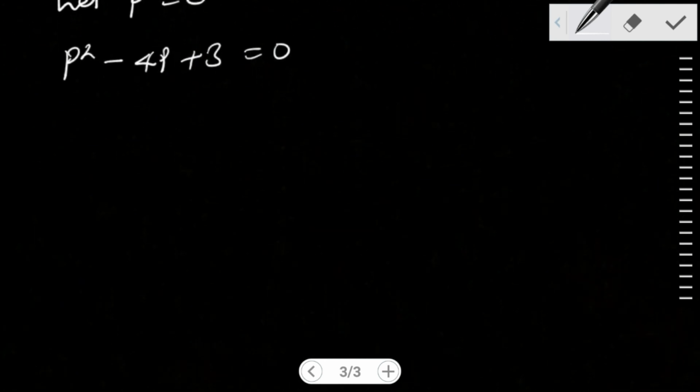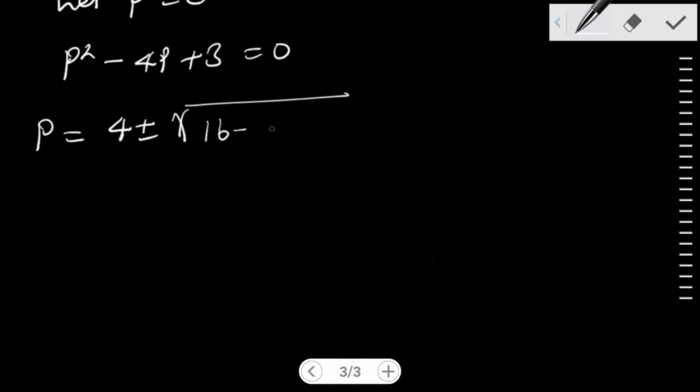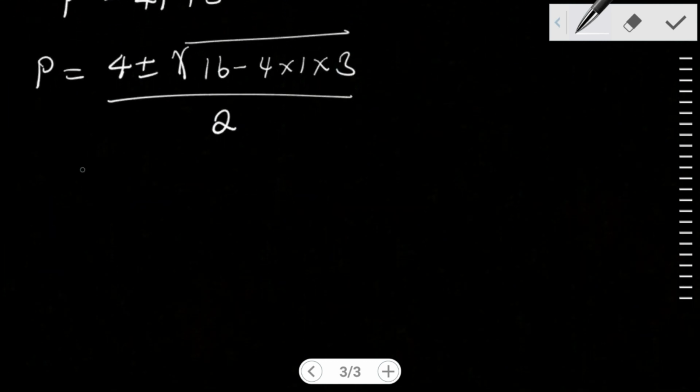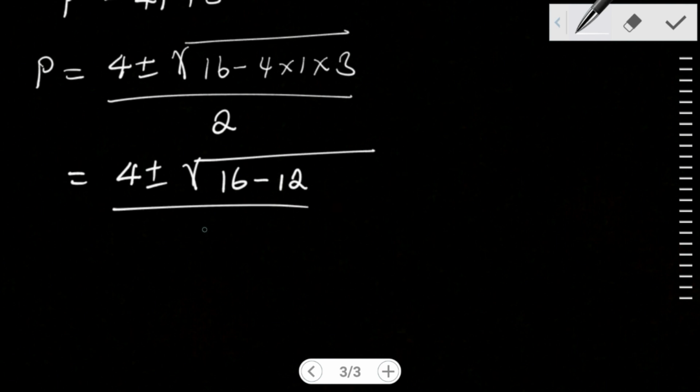And so p would be equal to 4 plus or minus the square root of 16 minus 4 times 1 times 3, all over 2. Therefore the next thing here, we're going to have 4 plus or minus the square root of 16 minus 12, all over 2.